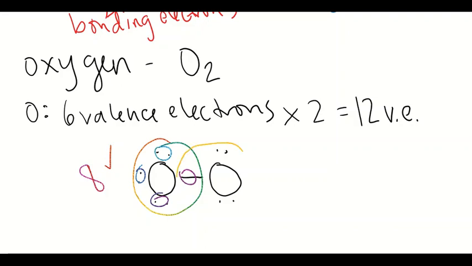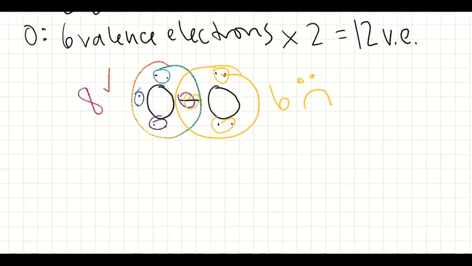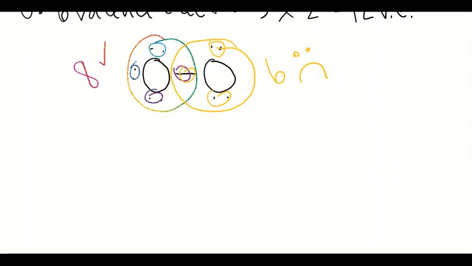Now let's take a look around this one. 2, 4, 6, 6. That's not good. We don't want 6. So what we can do at this point is start making double and triple bonds. Let's try a double bond. Now we can recount.